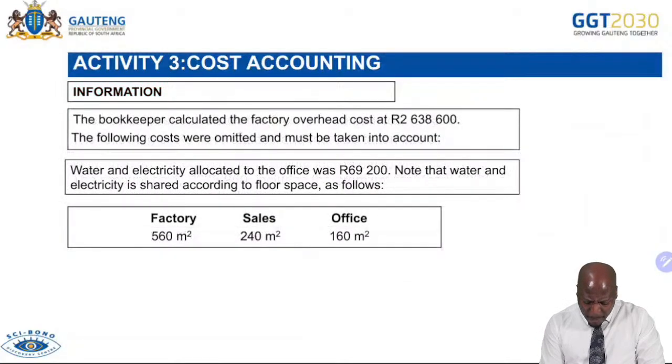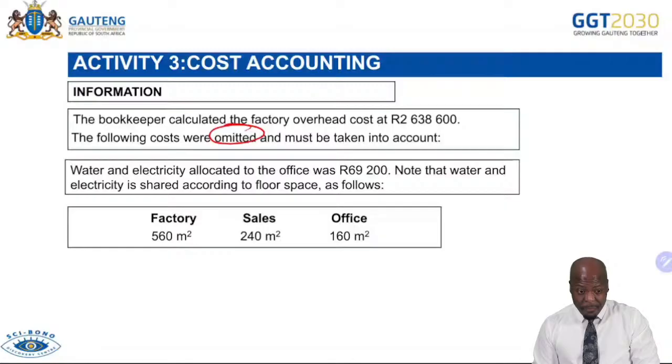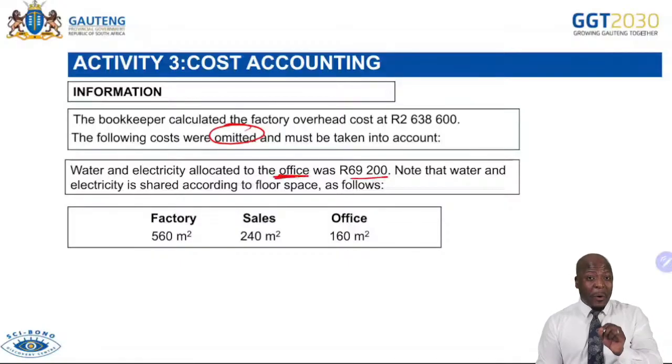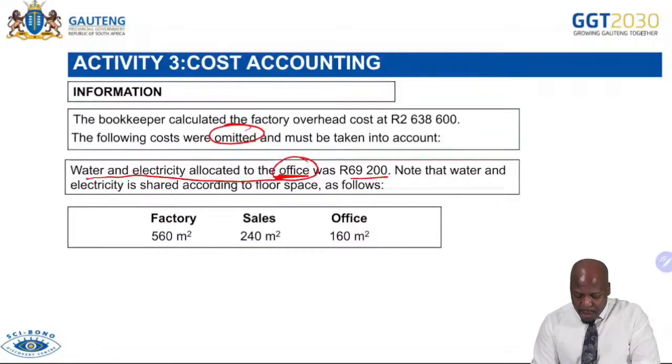The next one. Remember, we're still on amounts that were omitted. We're told water and electricity allocated to the office was 69,200. This is what was allocated to the office. Very important. You will lose marks if you don't read this sentence properly. Water and electricity allocated to the office. So they are talking about this one here, which is your 160 square meters.